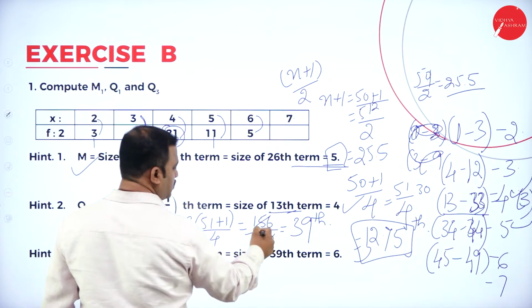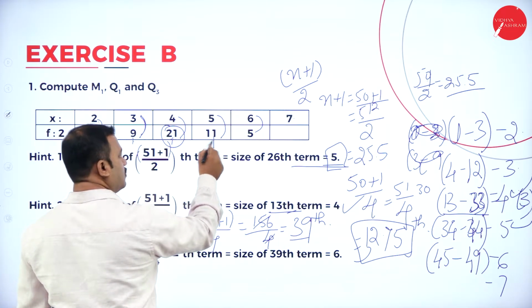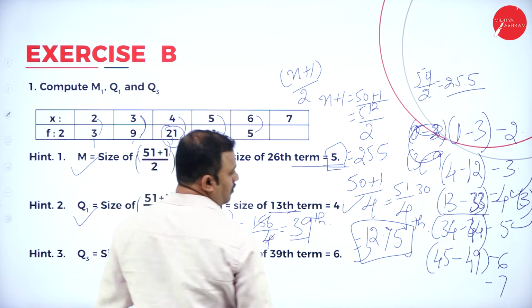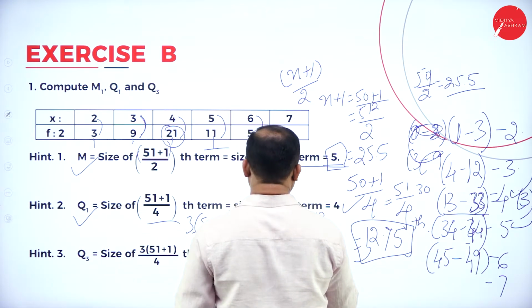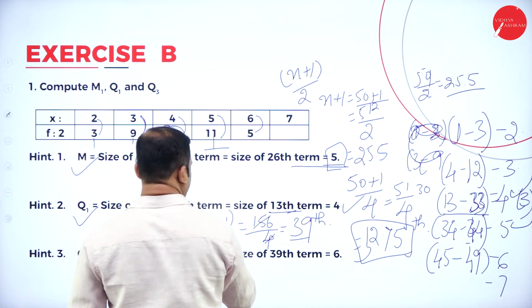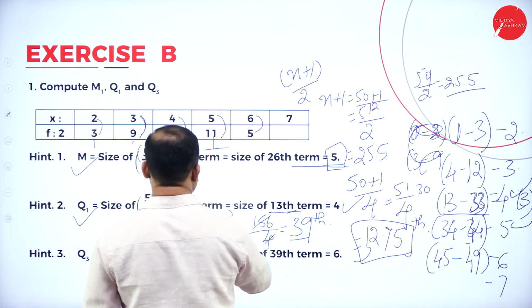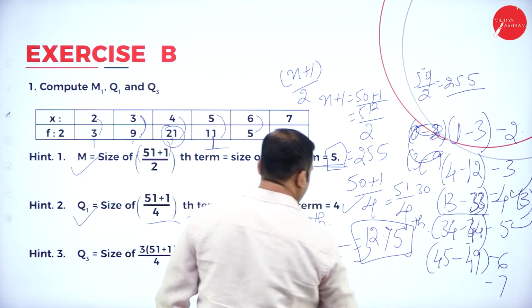Since we have 39th term here, till 42 we have this. So which is that term? That comes to here is 5. So this has to be divided by 4. That is equal to 5. Not 6, it is 5.